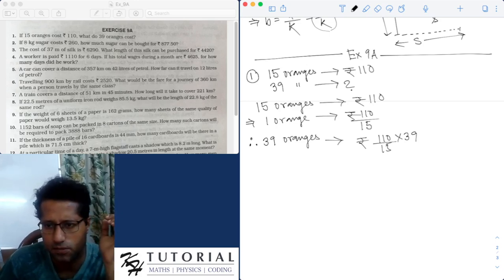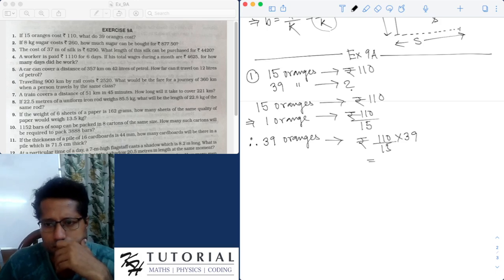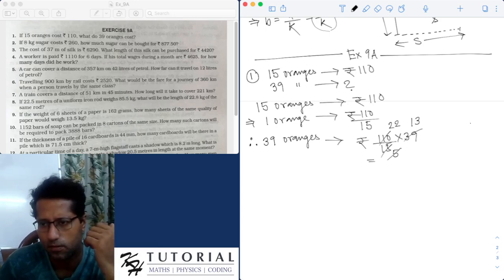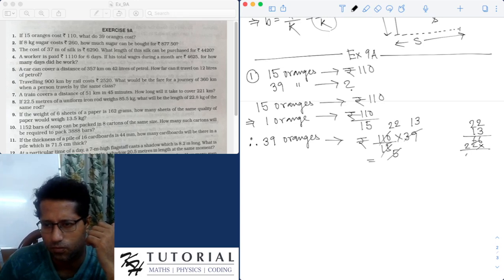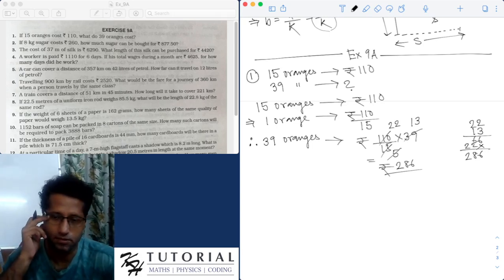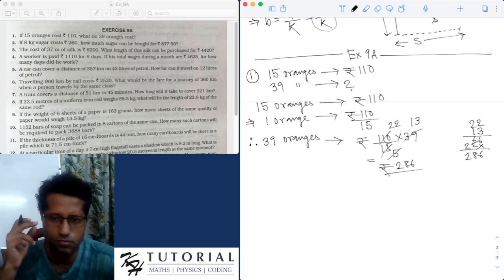Now, this is how much? 3 into 13, 5 goes with 22. So 22 into 13 is how much? 66, and 22, that is 286. So this is rupees 286. So the cost of 39 oranges is 286. This is the method of solving using the unitary method.